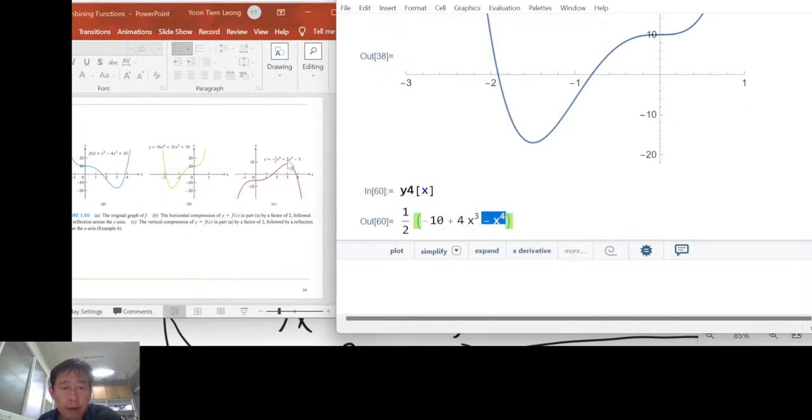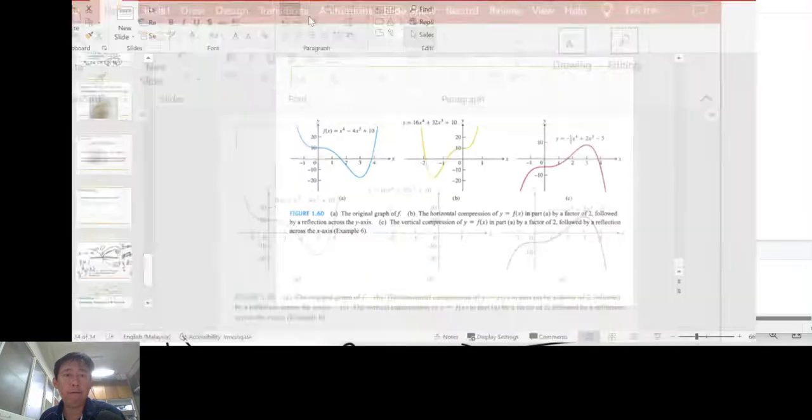Then you have 2x to the power 3, so this is 4x to the power 3 times a half, so this is really a factor of 2x to the power 3. Then you have a minus 5 here, which is the same as the result that is given by the PowerPoint. So with this, we complete the example of operation B.